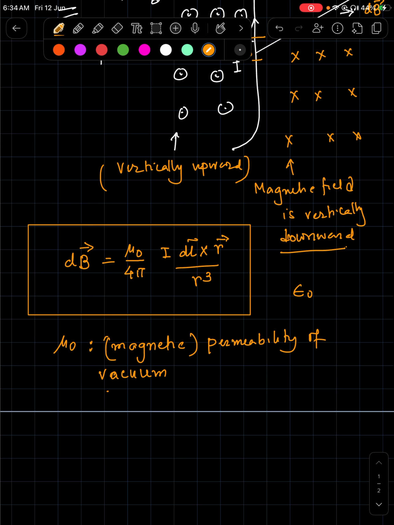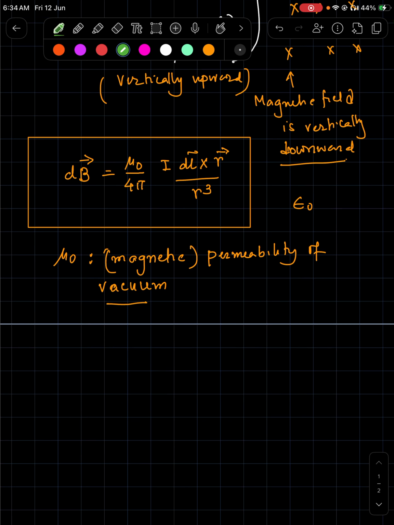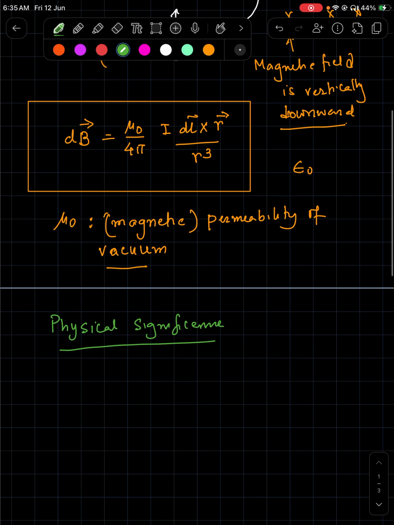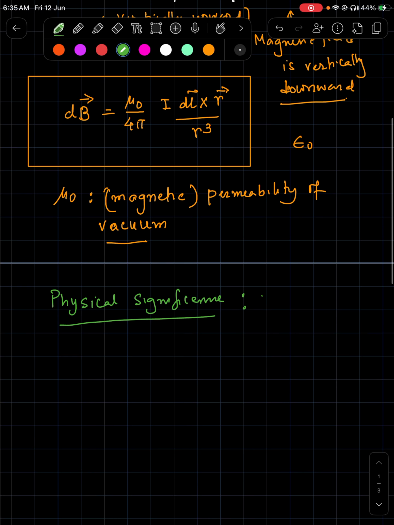What is its physical significance? So let me write the physical significance. It gives the existence of the magnetic field in a medium.